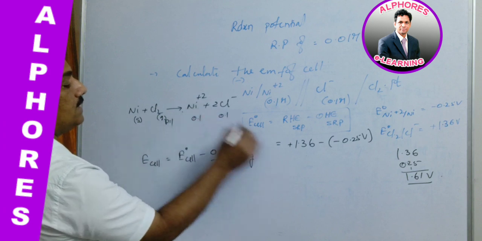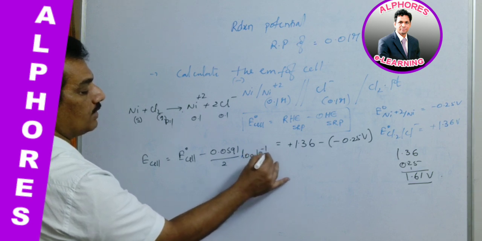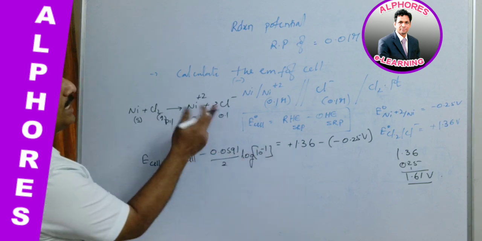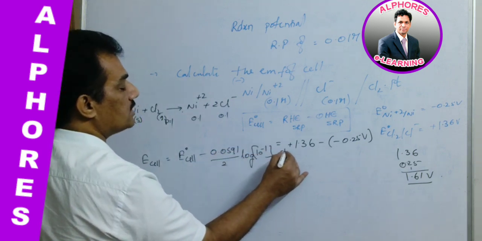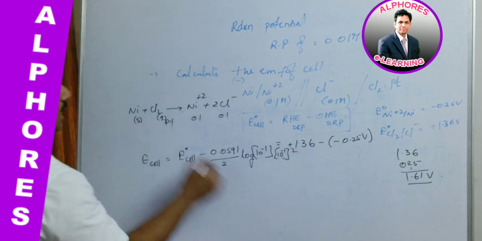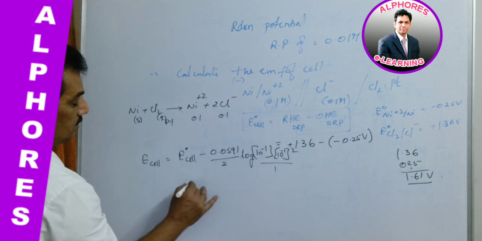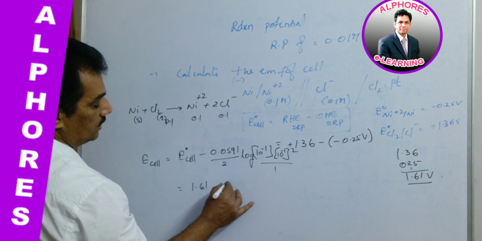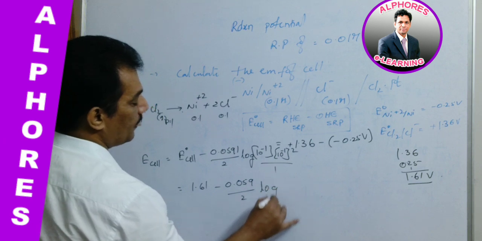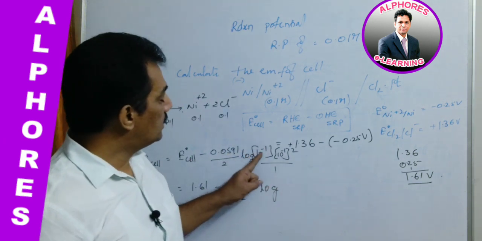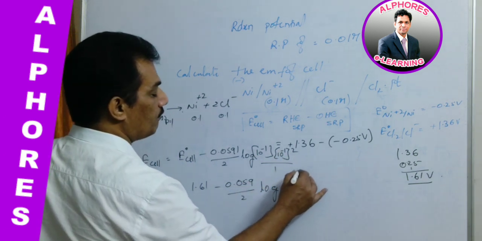Log, nickel is the product, so its concentration is 10 to the power minus 1, into Cl minus is also a product, so 10 to the power of minus 1 whole squared, and the concentrations of these two are taken as 1. Hence we are getting E naught is 1.61 minus 0.059 by 2 log. What is this value? It is 10 to the power of minus 1, 10 to the power of minus 2. Simply we can consider 10 to the power of minus 3.